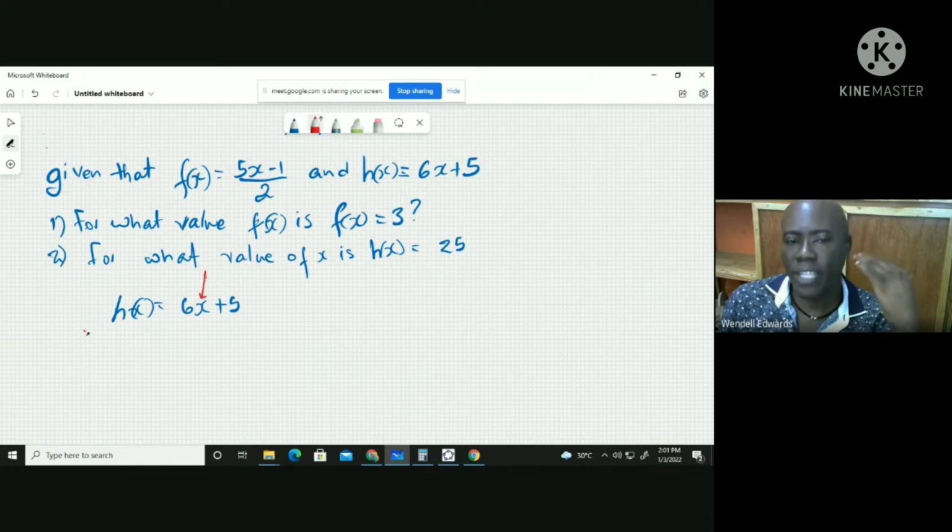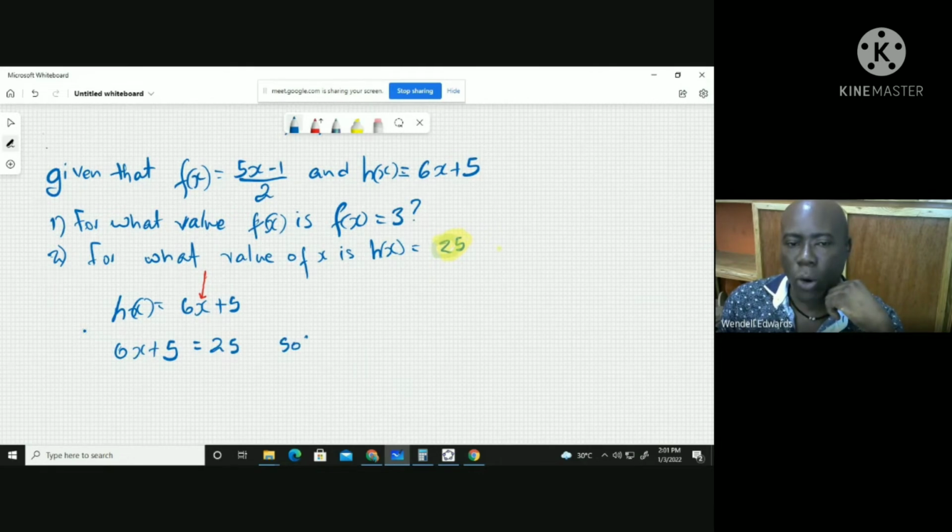And when we're finished working this out, our answer becomes 25. So in order to do this, all we have to do is let the h function be equal to 25. The h function is 6x plus 5, and we want to let this equal 25.